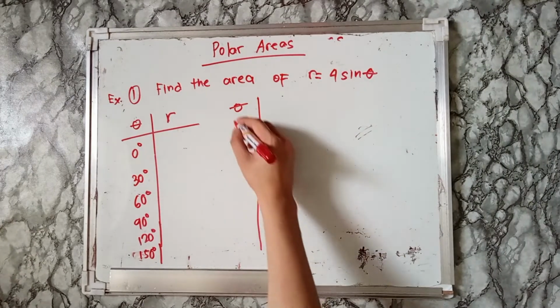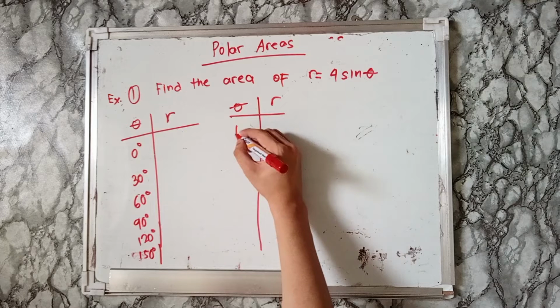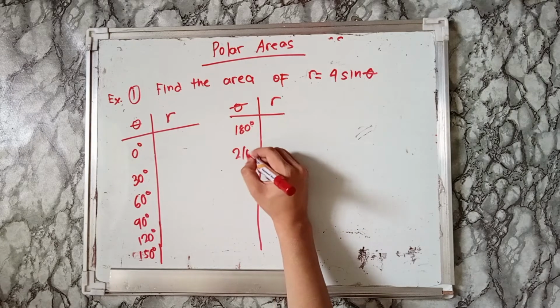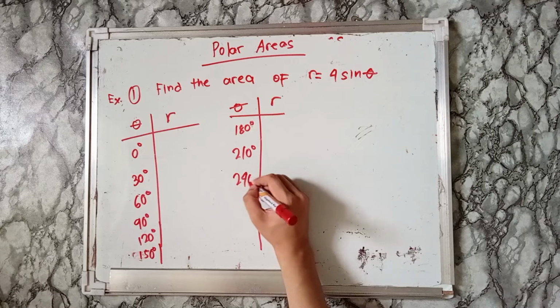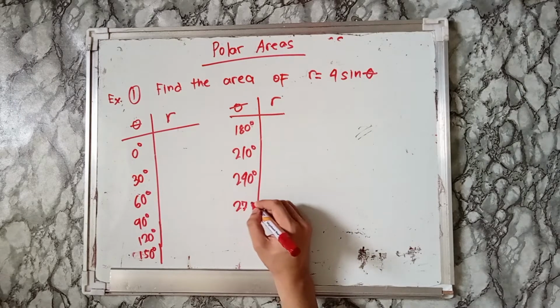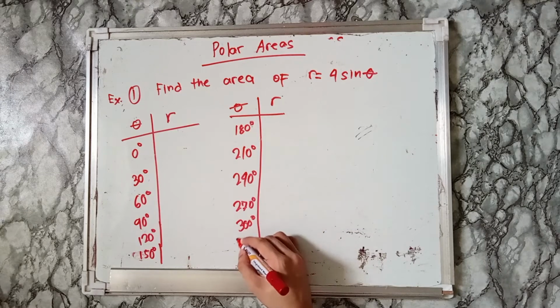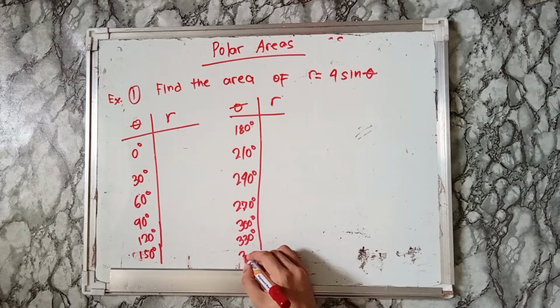Let's do another one: 180 degrees, and then 210 degrees, 240, 270, 300, 330, and 360.